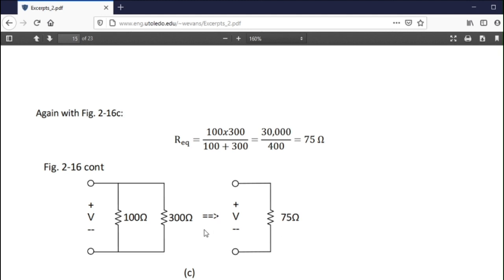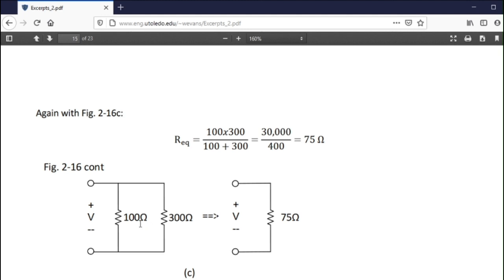Now, is the answer going to be less than or more than 100? Is it going to be greater than or less than 300? The answer is it's less than 100. Why? Because part of the current is going to go through here, part of the current is going to go through here. So your R equivalent has to be something with a greater current, lower resistance than either of these.